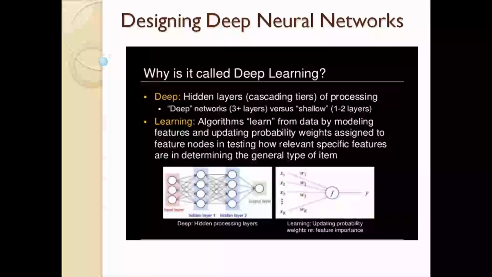That's where the word deep came from, guys. Deep came from the number of hidden layers. If your number of hidden layers is less, 2 or 3 only, then it is called a shallow network, shallow.